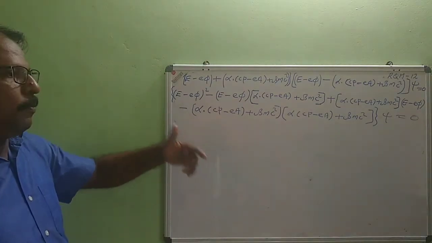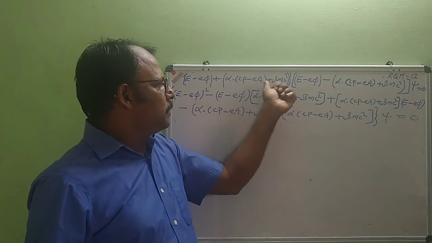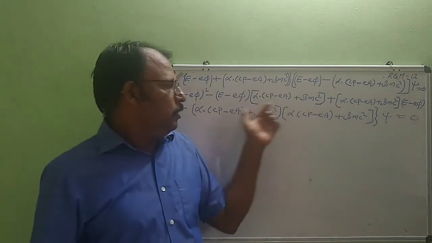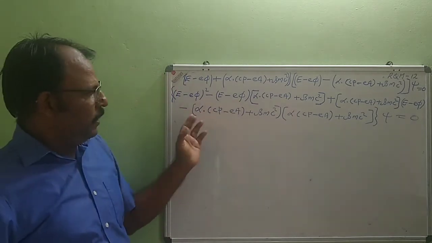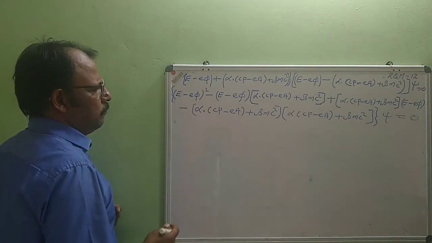So first I have operated from the left with E minus e phi plus alpha dot (cP minus eA) plus beta m c square. Then I found the product and we are having 4 terms like this. Now I expand each term.